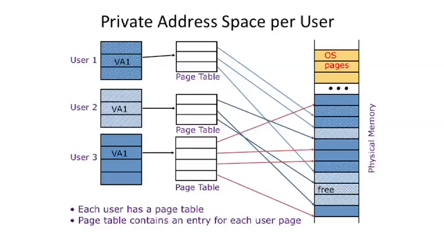So that's looking at if you have one program. We can extend this pretty easily to having multiple programs at the same time, where each program has a different page table.